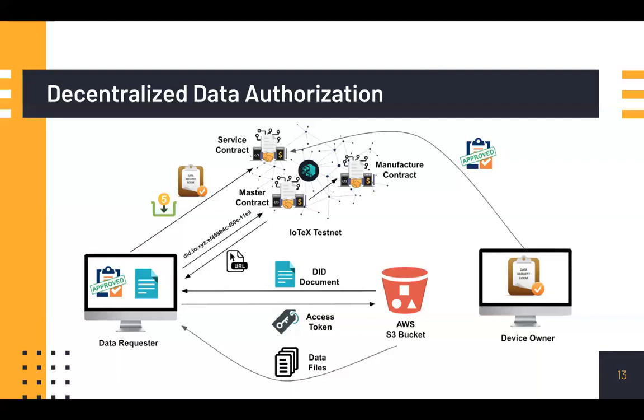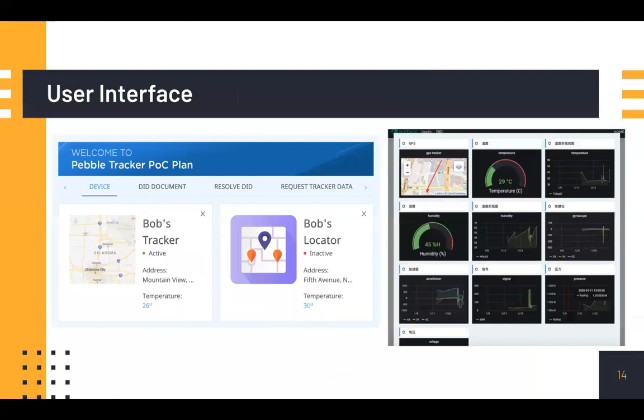So you can see here we are involving a number of interactions with smart contracts between the data requester and the data owner. Our implementation UI is like this. We have the web page where you can basically go over all the steps I explained before.